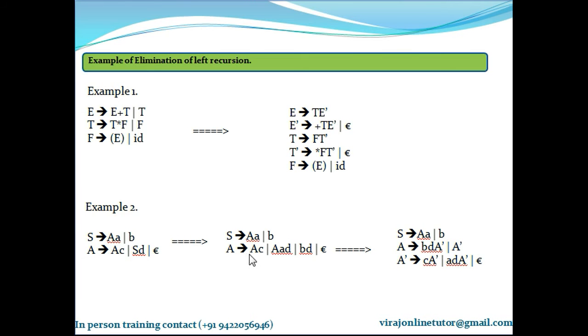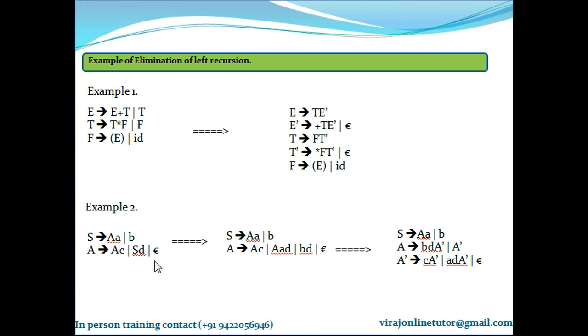Now if you see, this is a direct left recursion which you had not noticed over here. Over here, the leftmost symbol was S, which did not match A exactly, so A was not equal to S. Hence, even though there was a left recursion there, we didn't notice it. Only after substituting S with its productions, I noticed it. Clear?